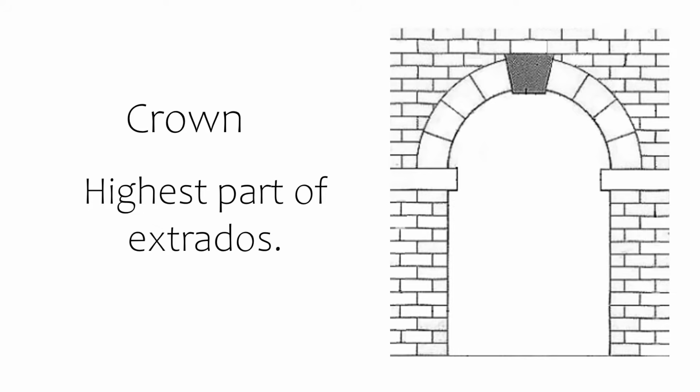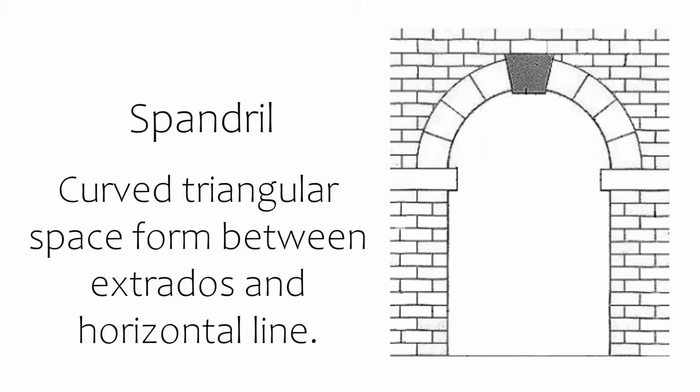Next is crown. Crown is the highest part of the extrados. So this is the crown. Next is spandrel. This is the curved triangular space formed between extrados and horizontal line. So in the extrados, if you take this one, curved section, and similarly this side.